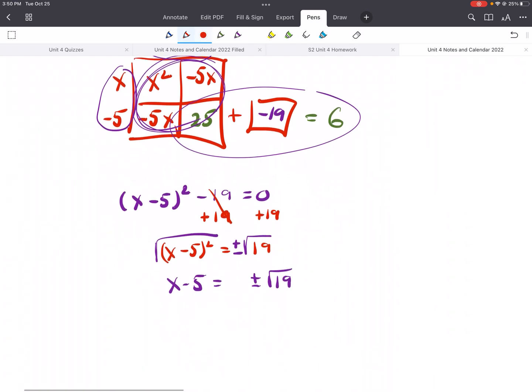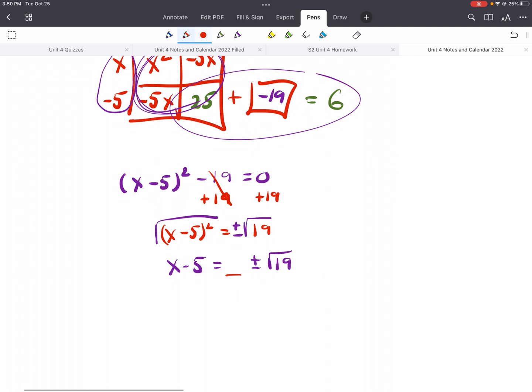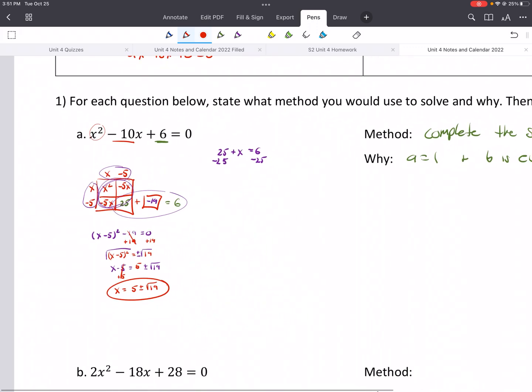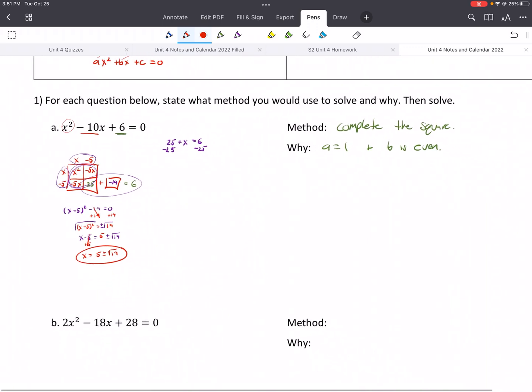And then I always try and leave a spot right here so that I can just add 5 to both sides. So x equals 5 plus or minus the square root of 19. Okay, so we've got 2 of the 4 halfway done.